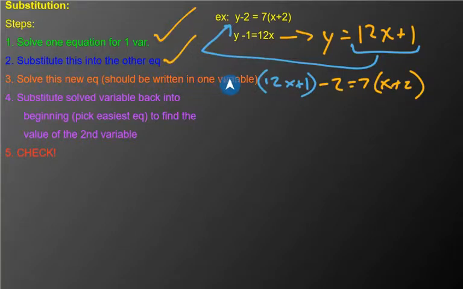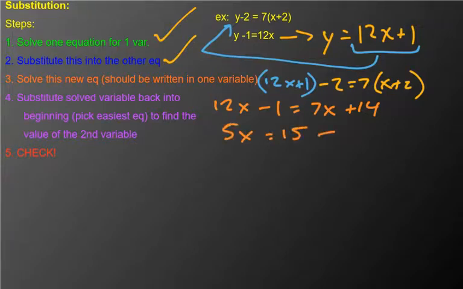This new equation, as I say here, should be written in one variable, and it is. You can solve that for x now, right? So if I do that out, maybe I'll try to keep these colors aligned. We would have 12x minus 1 equals 7x plus 14. Then we get 5x equals 15, so x is 3. That step is done. Then we substitute that solved variable back into the beginning.